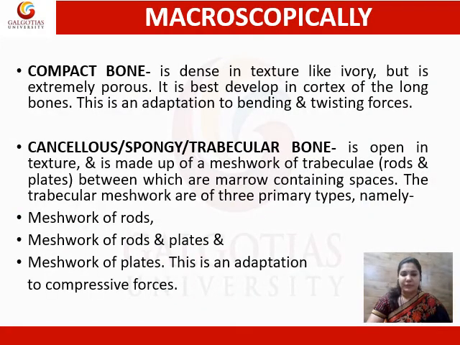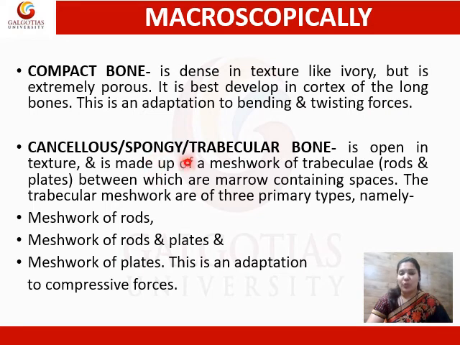First is compact bone. The compact bone is dense in texture like ivory but is extremely porous. It is best developed in the cortex of the long bones, and this is an adaptation to bending and twisting forces.